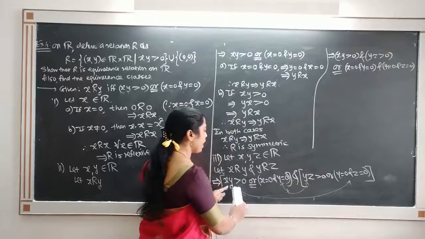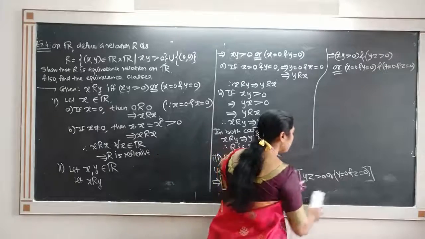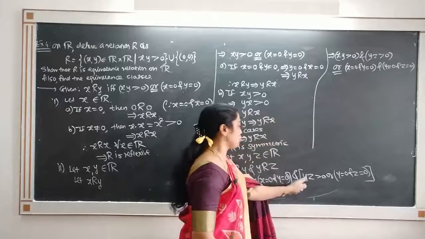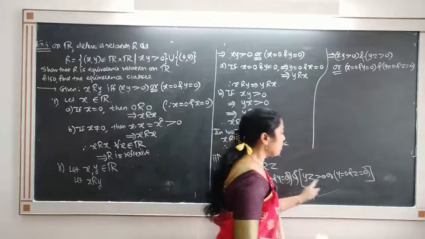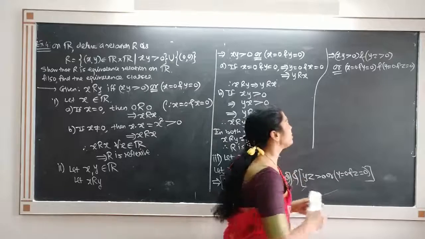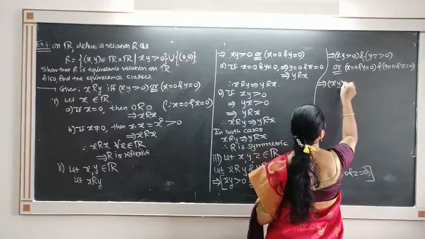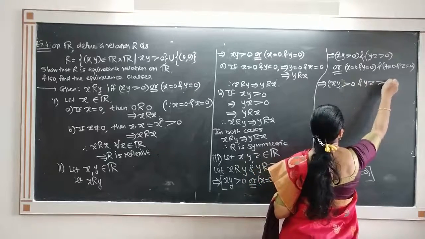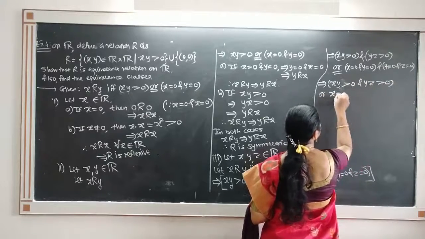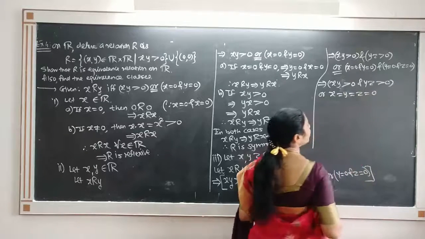So obviously when xy is greater than 0, only one condition remains: yz should be greater than 0. Similarly, when x is equal to 0 and y is equal to 0, we must have y is equal to 0 and z is equal to 0. So this implies that either xy is greater than 0 and yz is greater than 0, or x equal to y equal to z equal to 0. These are the only two cases.